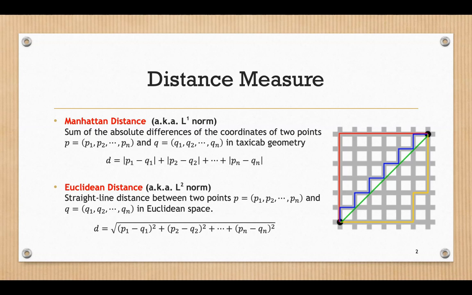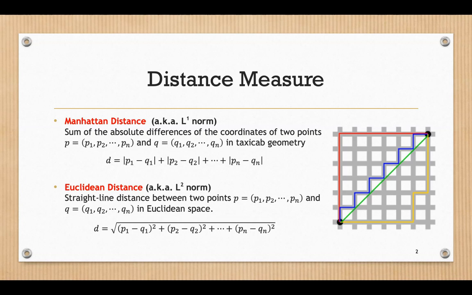So you can see it's |P1 minus Q1| plus |P2 minus Q2| all the way to |Pn minus Qn|. As you can see in the diagram on the right, the red line, blue line, and yellow line all represent the Manhattan distance.